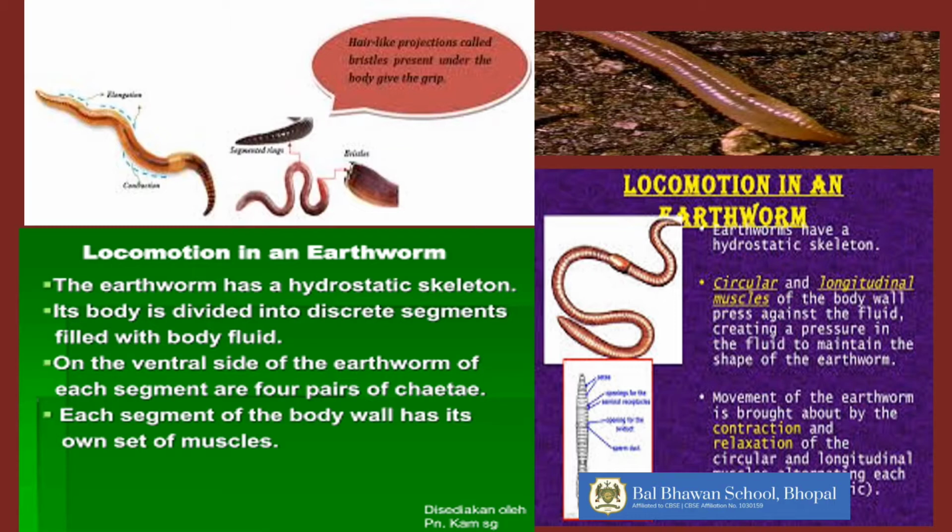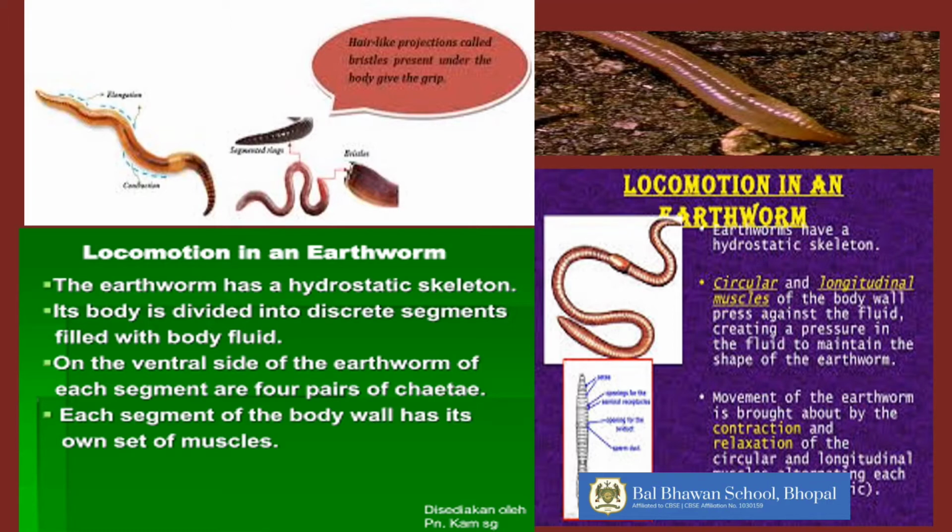Now when we talk about earthworm, earthworms have a hydrostatic skeleton. And most important thing, in earthworm, the body is divided into segments, and this process is known as metamerism.